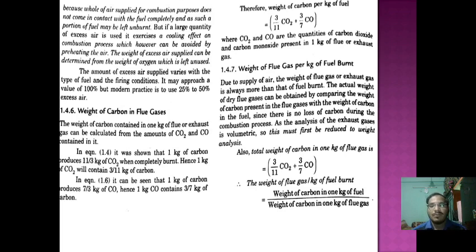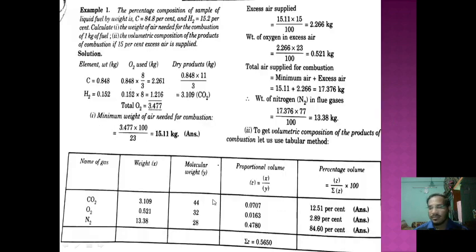The weight of fuel gas per kg of fuel burnt is equal to the weight of carbon in 1 kg of fuel divided by the weight of carbon in 1 kg of fuel gas. Remember this formula.